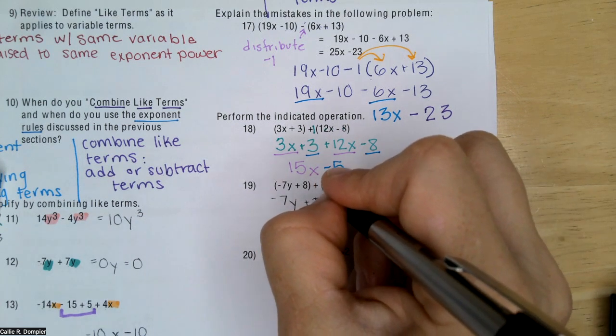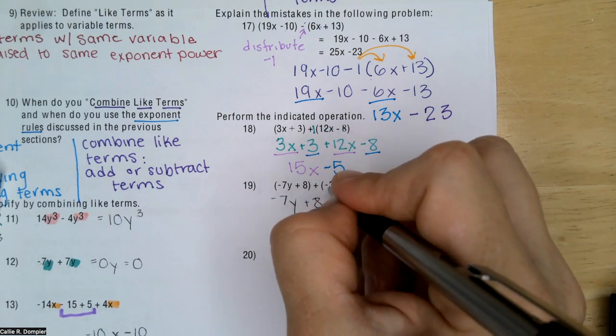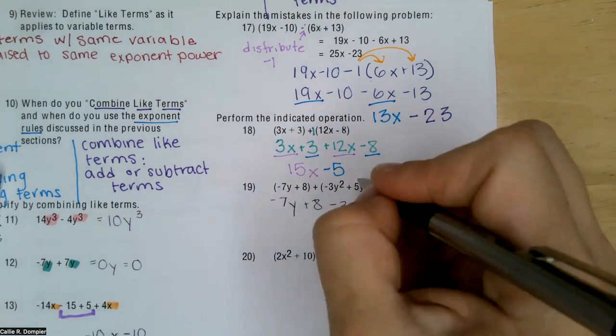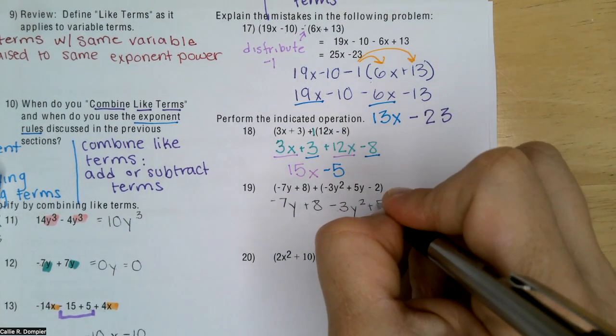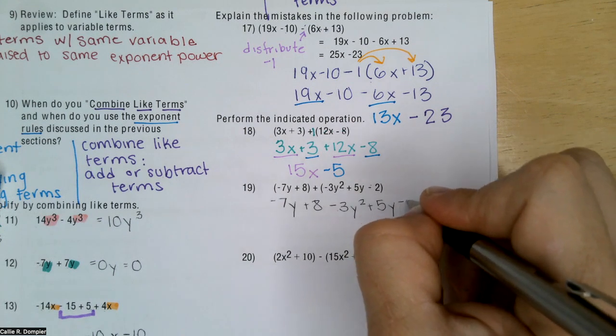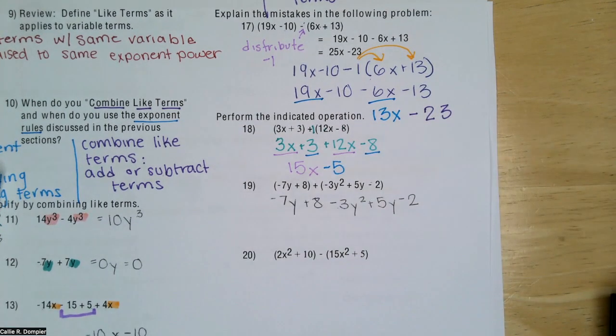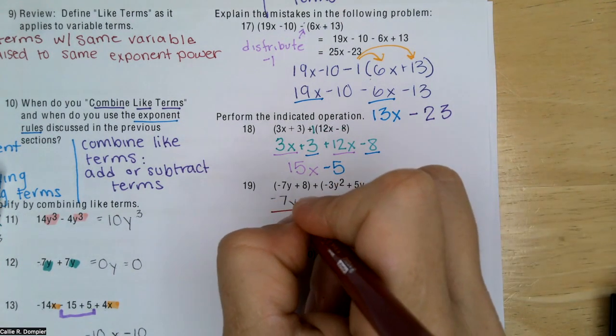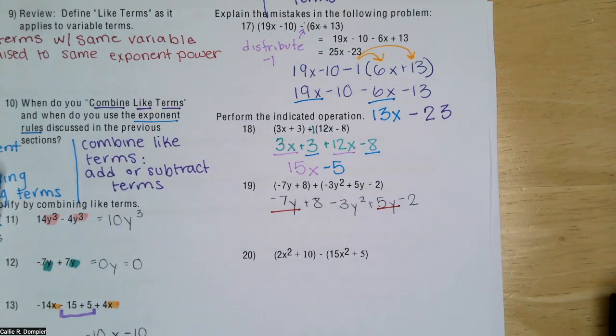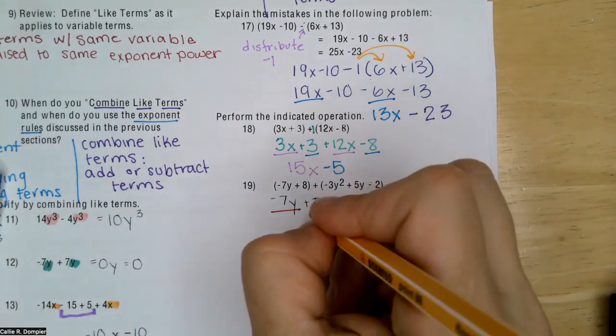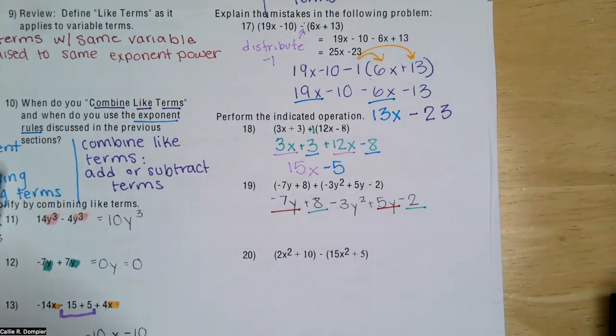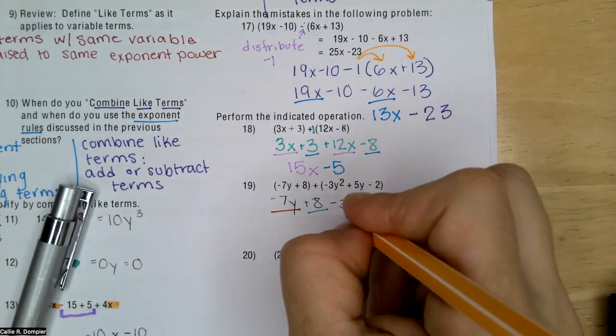Because that was a plus the -3y squared, plus a negative is the same as a minus, plus positive 5y plus -2. And now we just look and see what like terms I see. I see -7y and positive 5y. I see positive 8 and -2. And then I just see -3y squared.